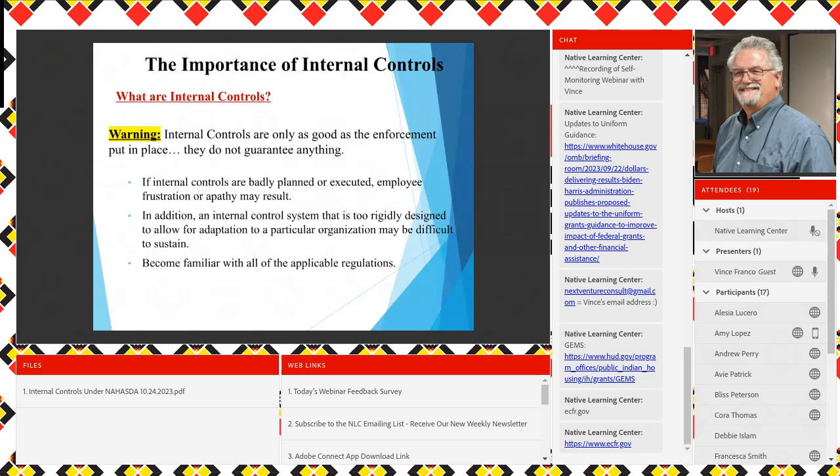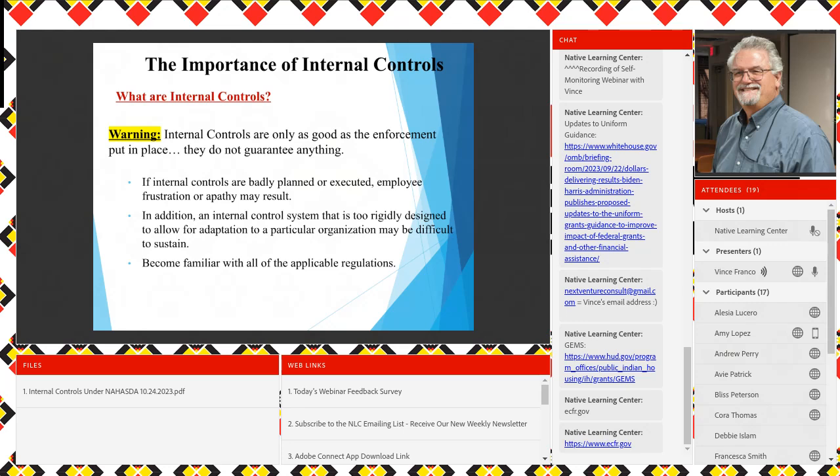Right. And like anything else, warning here, internal controls are only as good as the enforcement that you put in place. Hopefully you don't have to put the policeman's hat on too frequently to enforce policies and procedures.